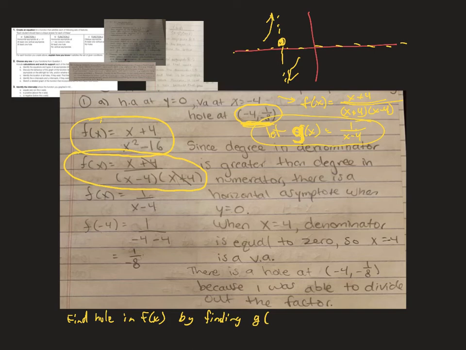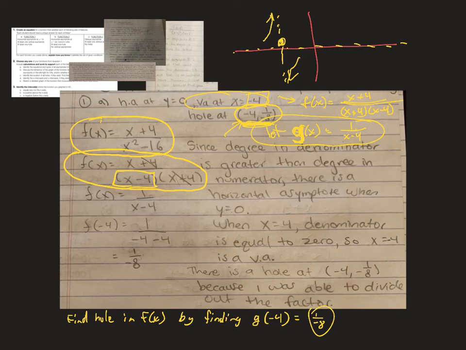Oh yeah, -4 is where that is. And g of -4 is 1 over -8. Yep, so sure enough, the hole is actually correct. The problem is there's no vertical asymptote there. That's a hole. There's a vertical asymptote at x equals +4, because that is what is going to get the bottom equal to 0, but not the top equal to 0. Right, so that vertical asymptote was actually incorrect.